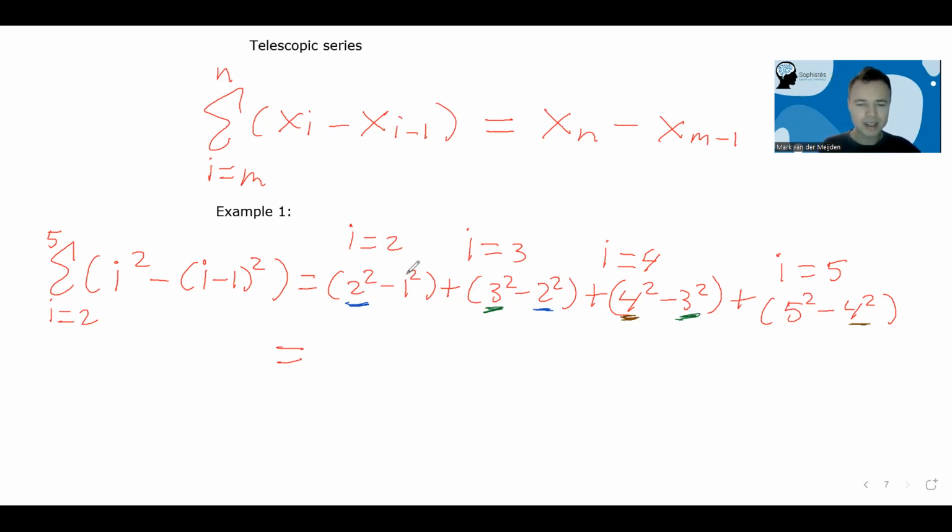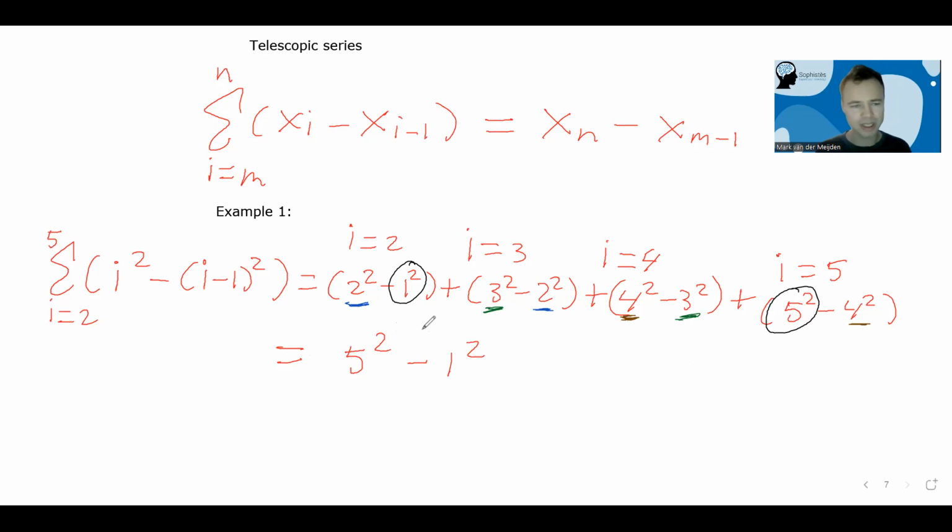And the only terms that we have left are this negative 1 squared and this positive 5 squared. All the other terms cancel out. And that's what the rule predicted, that you get 5 squared minus 1 squared. The x_n term minus the x_(m minus 1) term. And that's the telescopic series.